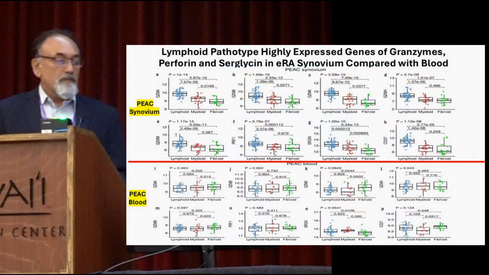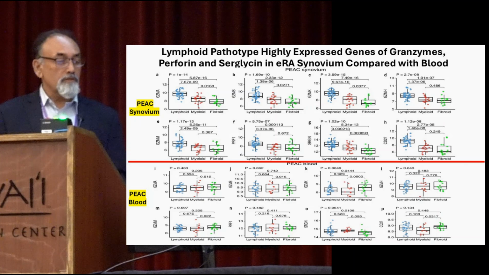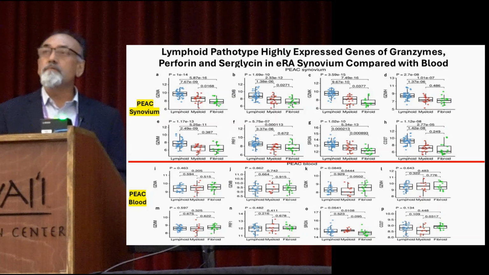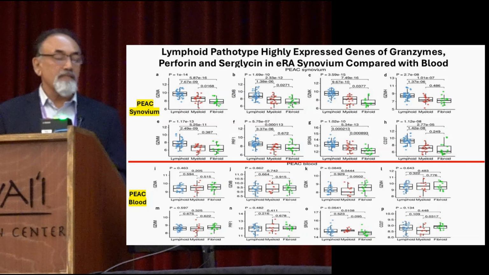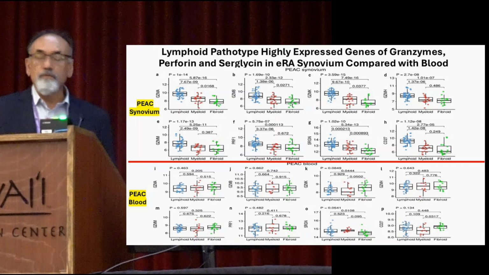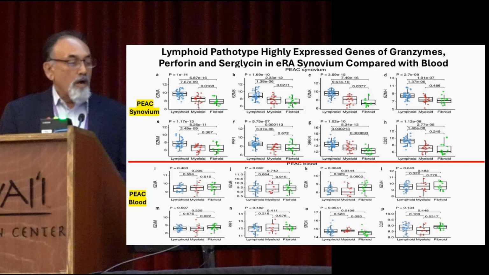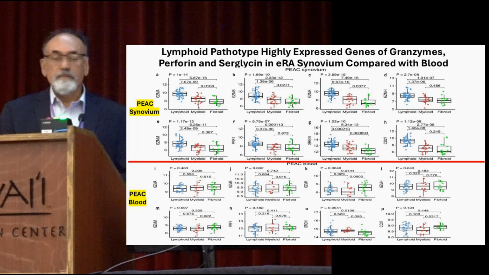We compared the gene expression both locally in the synovium as well as in the periphery, systemically in the blood, meaning PBMC. The top box plots show the synovium and the bottom ones show the blood. It's clear from the data that the lymphoid pathotype has the highest gene expression of all 5 granzymes and also perforin, serglycin, as well as CD27, followed by the myeloid pathotypes.